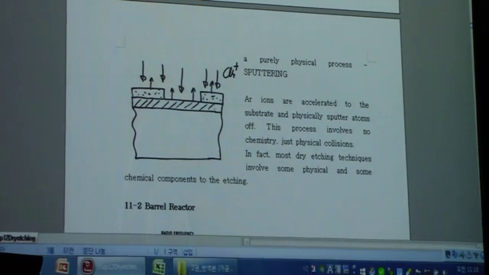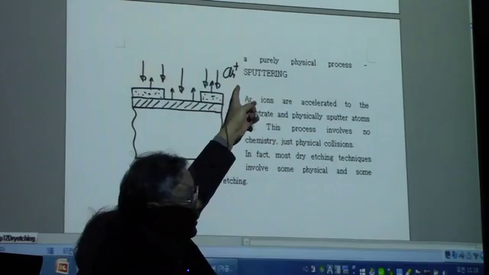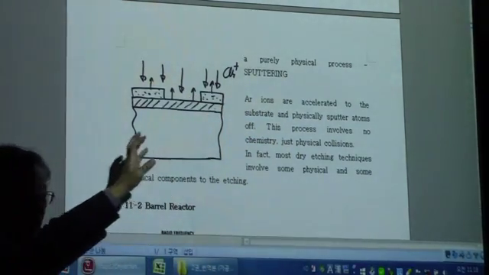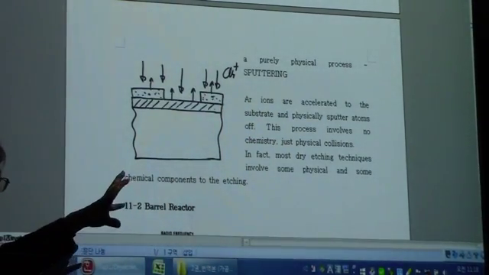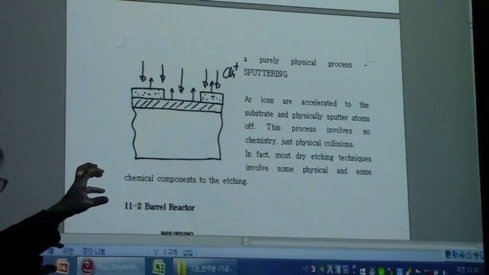Very stable argon gas, and then we apply the high voltages, RF voltages. Then it's going to ionize to form a plasma, like argon plus and electrons. And that argon plus, since it is ions, has a charge.